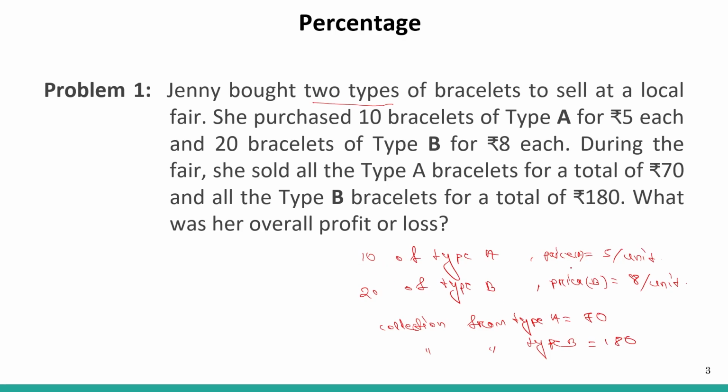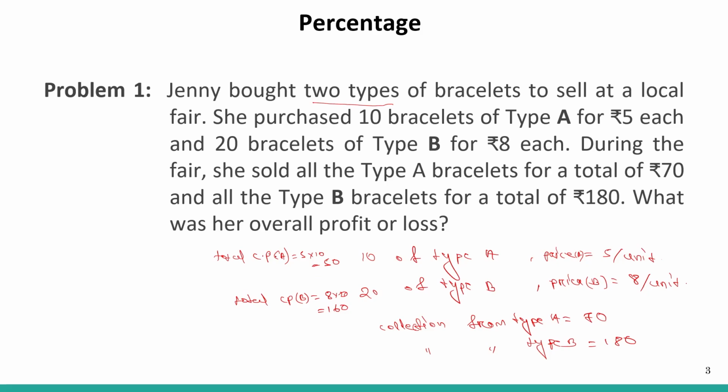If the per unit price is 5 for type A, then for 10, the total cost price for A is 5 into 10, that is 50 rupees. And total CP for B is 8 into 20, is equal to 160 rupees.